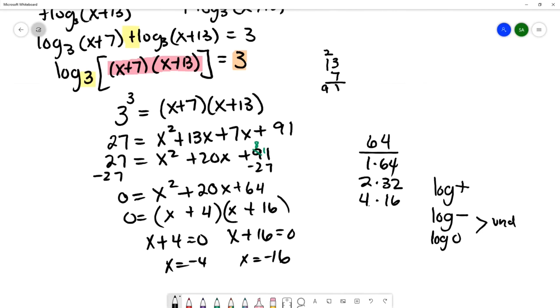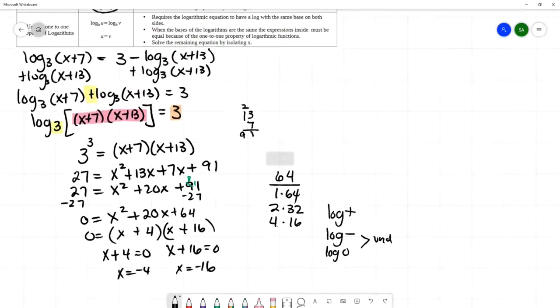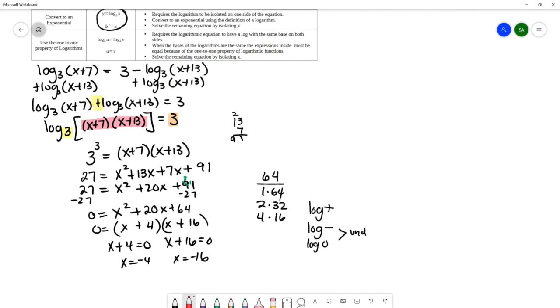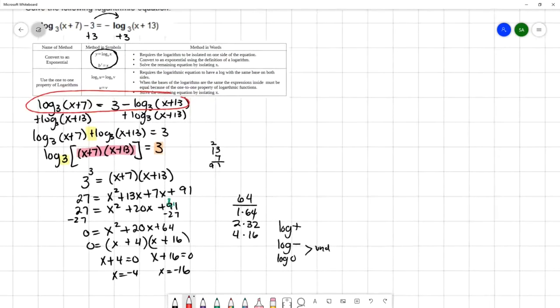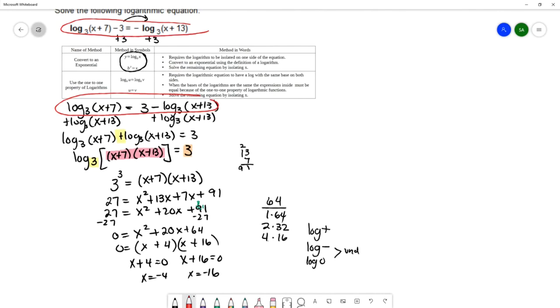So I'm going to check, and I'm going to zoom out here so we can see the original equation again. So I have that original equation written down right here. Actually, that might not be the original. Okay, so this is the original equation here.